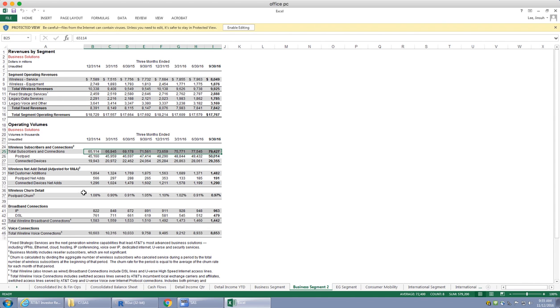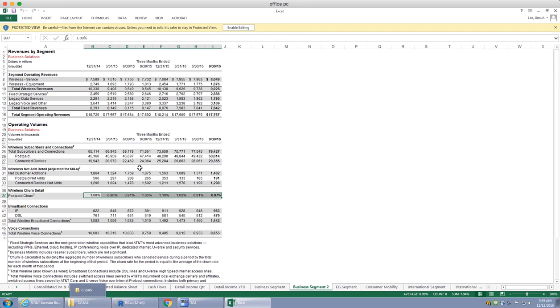I also notice that there is a churn rate, for every quarter from the 4th quarter of 2014 all the way to the 3rd quarter of 2016. And remember, this churn rate can be used as the retention rate because 1 minus churn rate is the retention rate. So I could use that information.